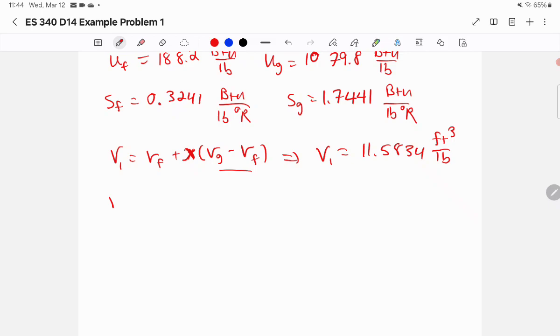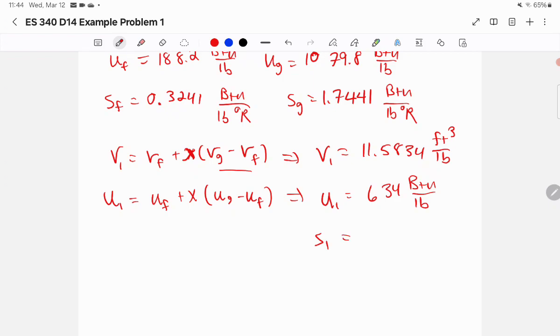Let's see, we have U1 is equal to, again, UF plus X times UG minus UF. So U1 then is equal to 634 BTUs per pound. And it's the same equation here, so I'm not going to bother writing it out again.